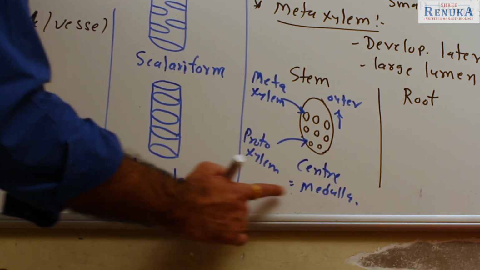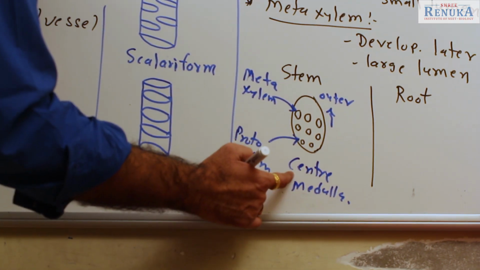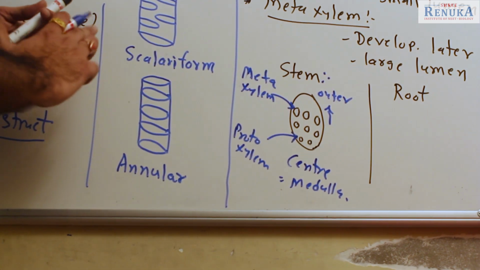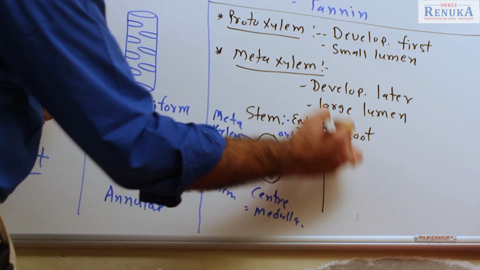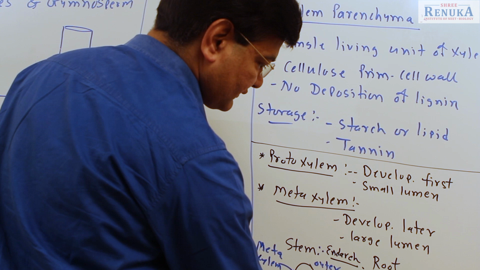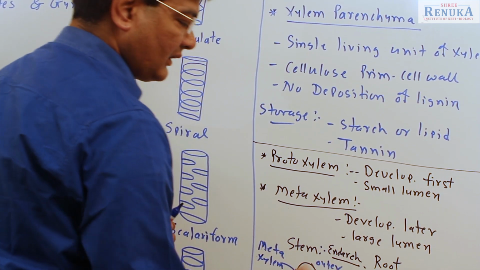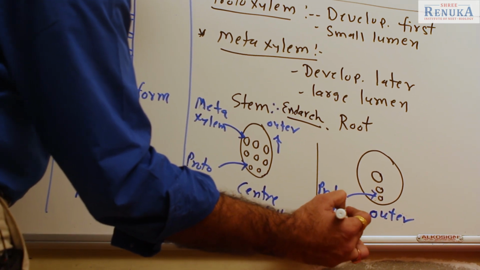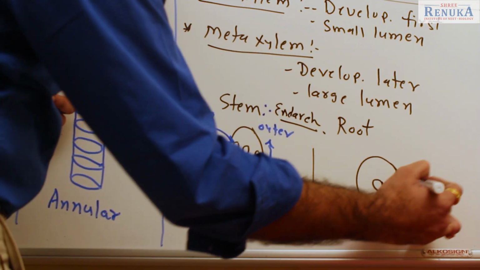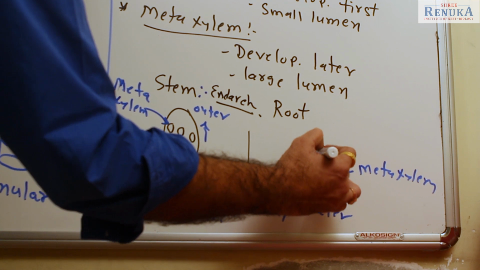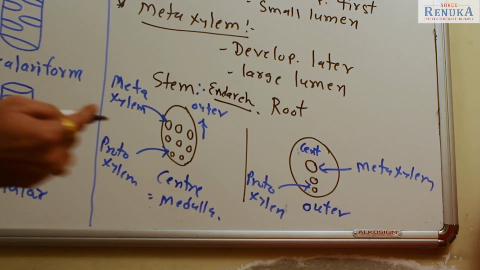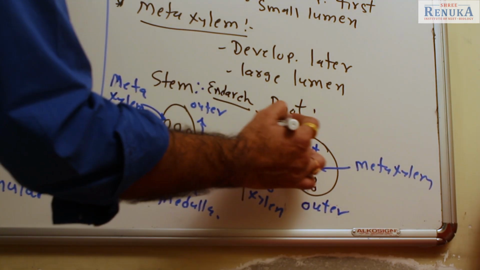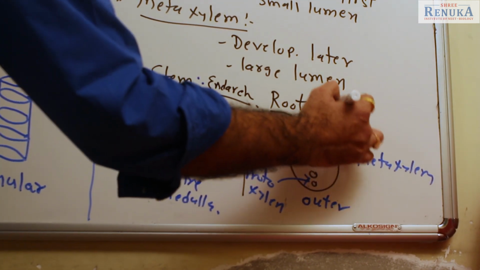So the sequence of development from center to periphery, or inner to outer, is called an endarch kind of development. If we look into the vascular bundle of roots, protoxylem is located towards the outer side and metaxylem is located towards the center, and that's why this kind of development in the case of root is called exarch.